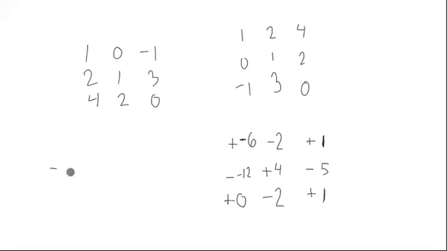Then we take -1 times this determinant up here, which ends up being 0, 4 minus 4, 0. So it's really nice. It's just 1 times that determinant, which ends up just being -6. So the whole inverse is going to be 1 over -6 multiplied to this matrix.